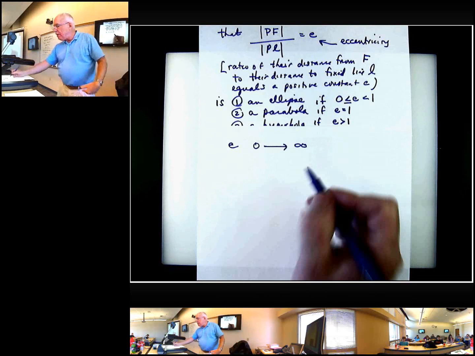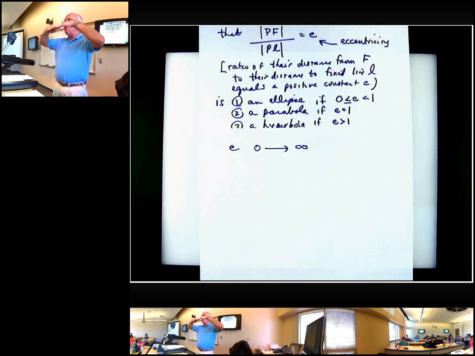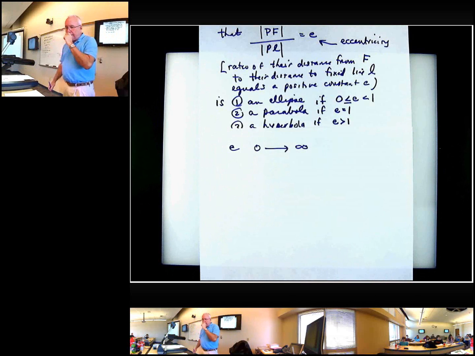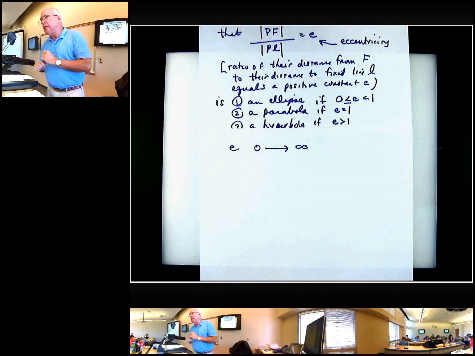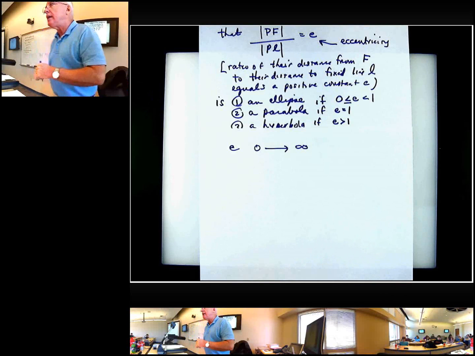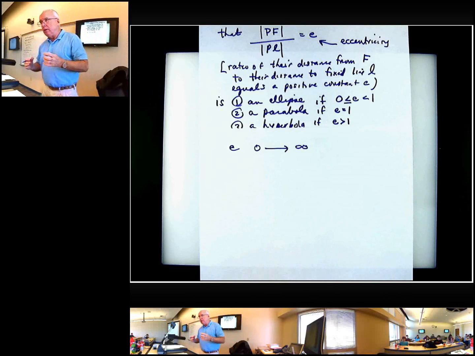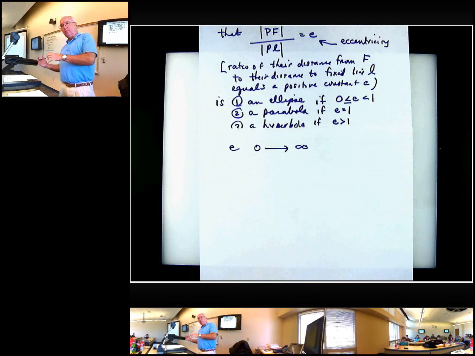And if we went all the way to the limit of infinity, the points would all end up being a straight line. So this e, this eccentricity, one way of thinking about it is that it measures how far off from being a circle the conic section is. It basically goes from a circle all the way to a straight line, depending on the value of e.